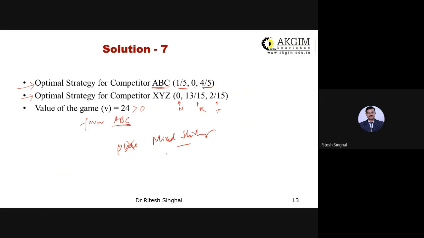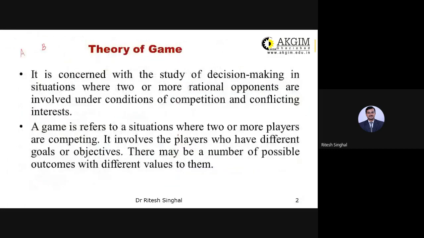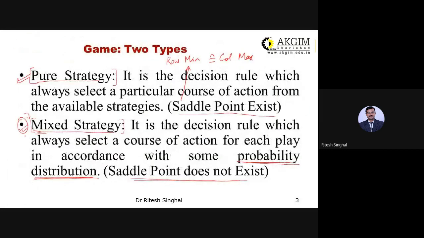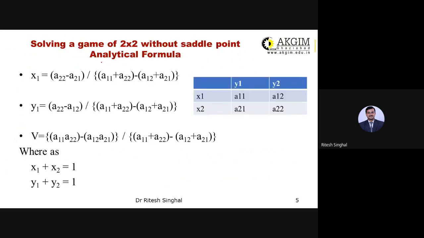Okay, so students, I think you understand this, and let's summarize what we discussed today. We discussed the 2 types of game, that is pure and mixed strategy. We focused on mixed strategy today. We used the dominance rule. The dominance rule is used to reduce a matrix of any order into 2 by 2. And then further, we can use the analytical formula to solve the game.